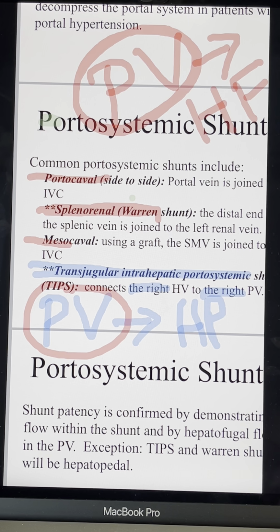Look at my writing for now, and then if there is anything, I'll change on the next slide. But inside the portal vein, the blood flow is going to be hepatopetal with TIPS. Now I will draw and explain what it is.